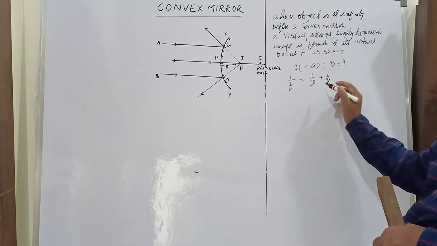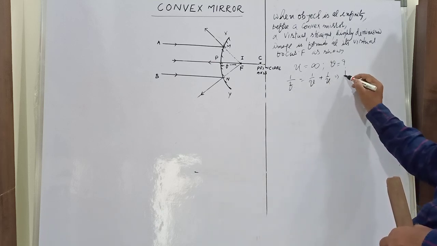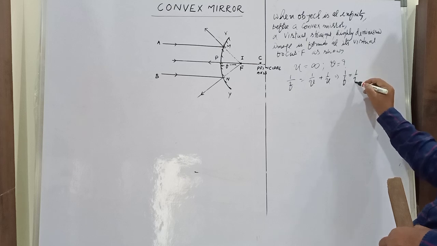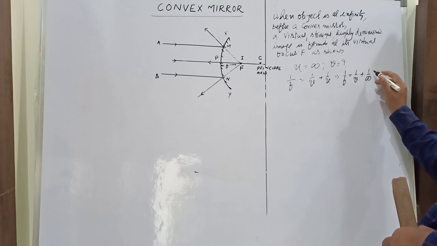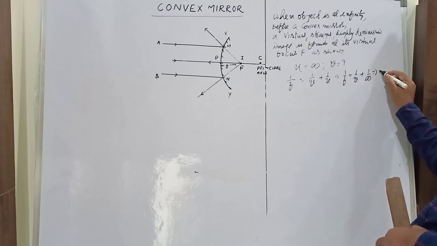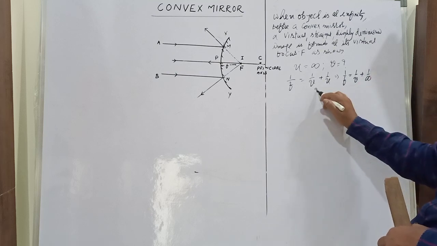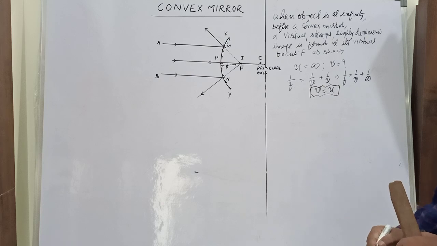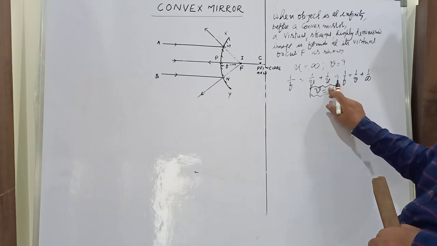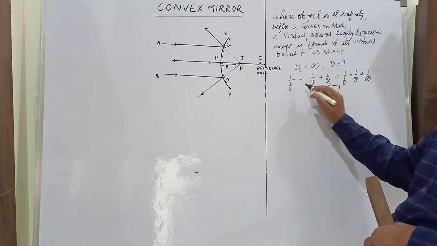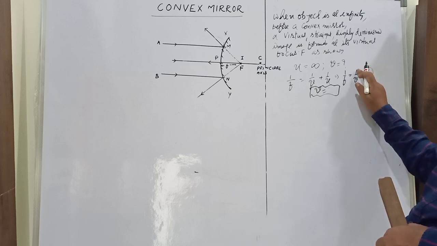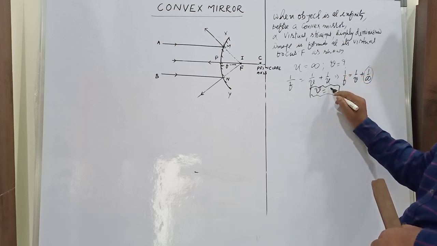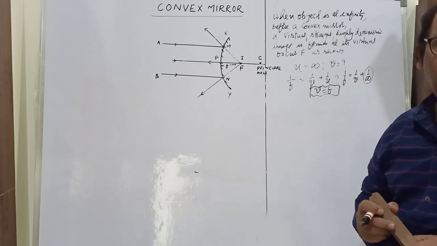Hence 1 by f equals 1 by v plus 1 by infinity. 1 by infinity is 0, which implies v must be equal to f, because 1 by infinity is 0. 1 by v equals 1 by f. So v must be equal to f. Very good. Please note down.